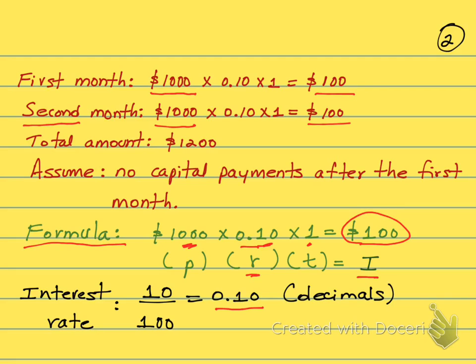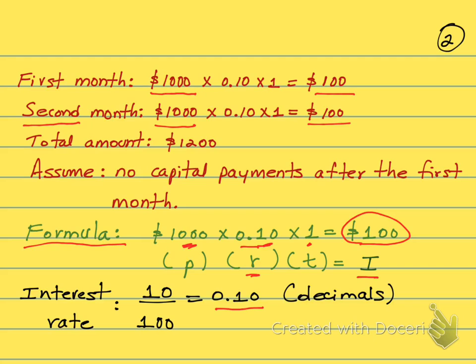So that's simple interest. It's only interest gained on the initial amount. Okay? So our formula will be 1,000 times 0.10 times 1 is equal to 100. 1,000 is P, 0.10 is R, 1 is T, and that's equal to I. So the interest rate, remember, is always expressed in decimals.